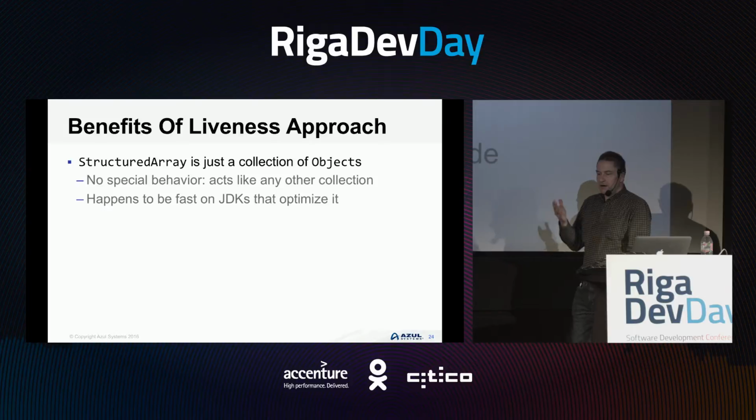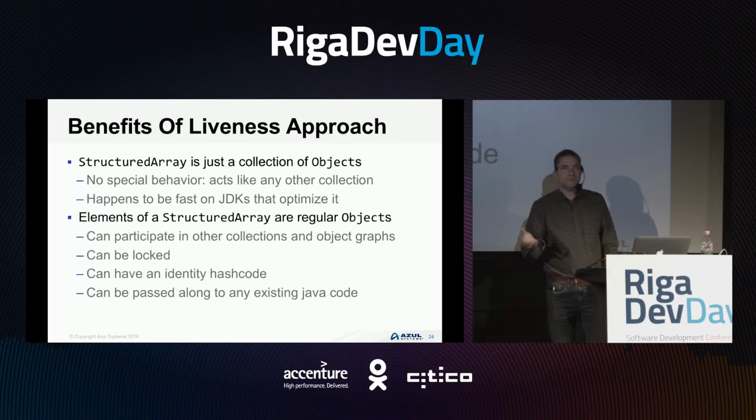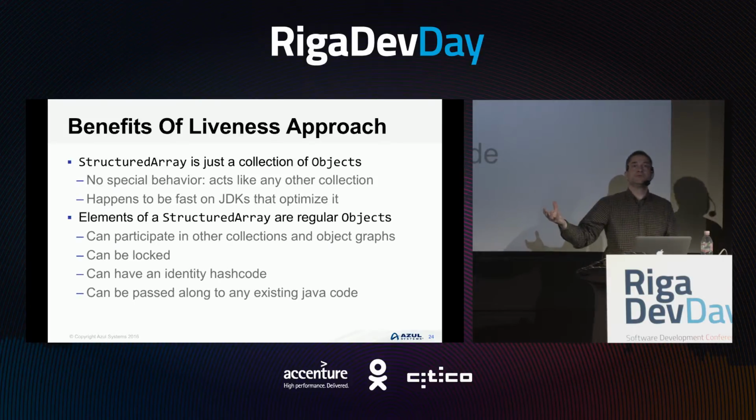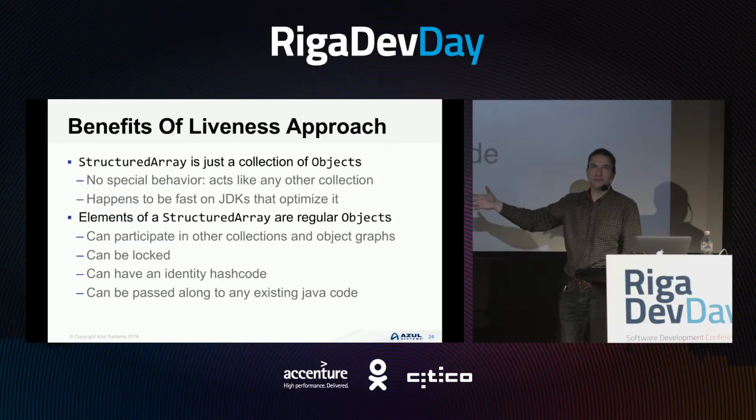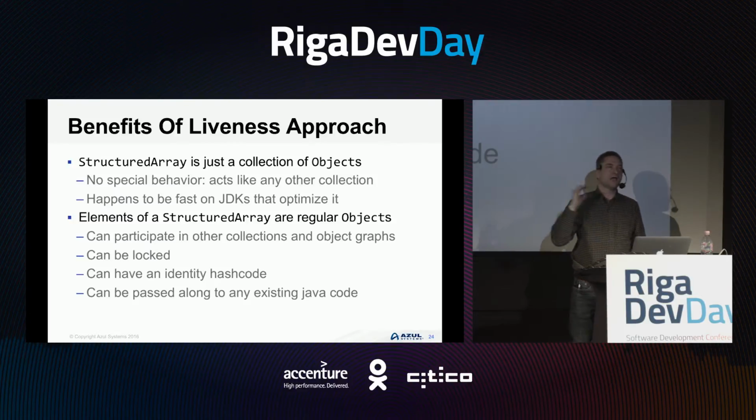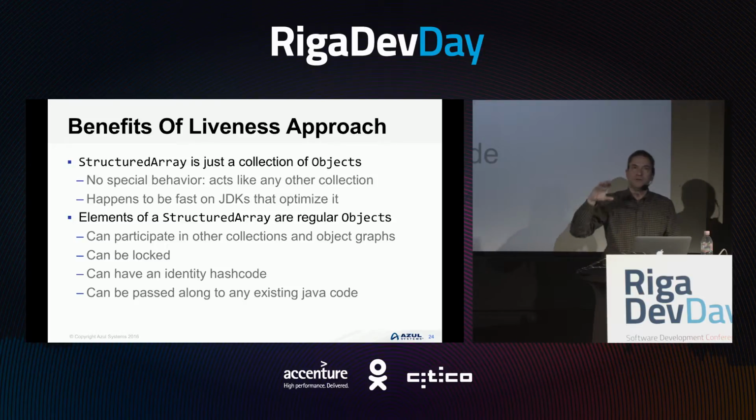Elements of the structured array are just regular objects. That means that they can be used anywhere else. You can pass a reference from an object that's stored in the structured array to other parts of your application. You can use it in other collections, you can use it in other parts of your code, absolutely no problem. Because it's just a regular Java object, you can apply locking.